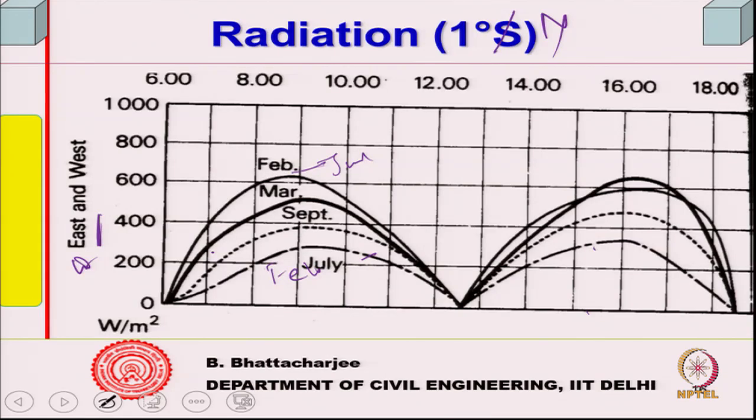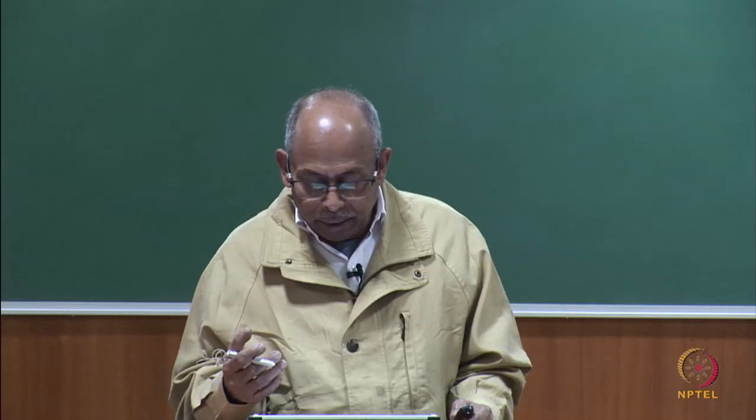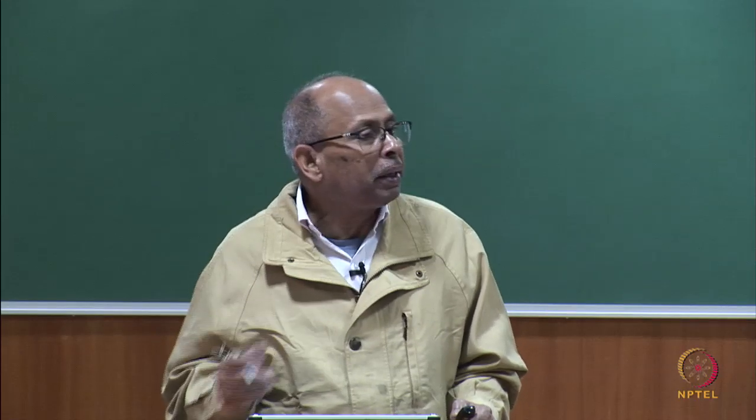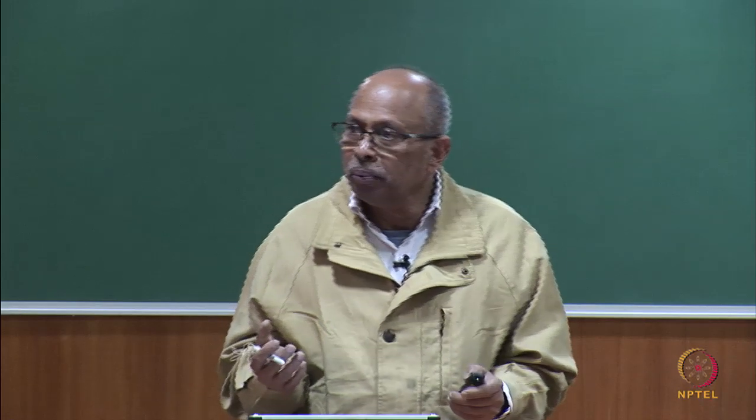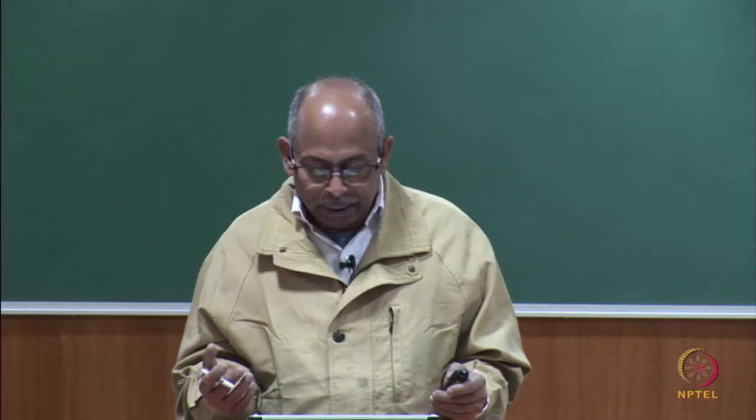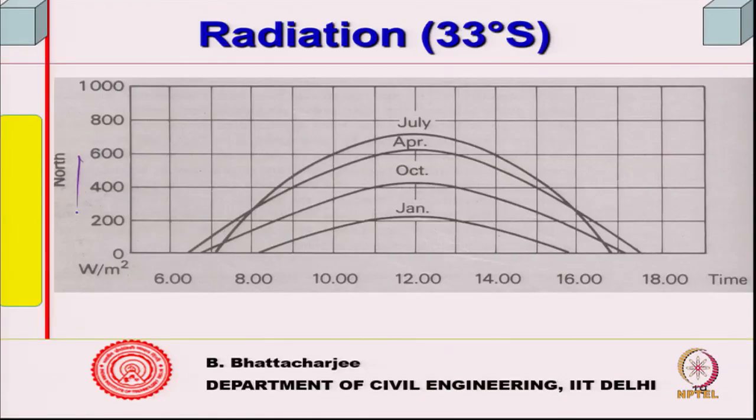And at latitudes away from the equator, you find the radiation pattern changing. In summer you receive more radiation, in winter you receive less, and on the north surface in case of 33 degrees south, you see it receives maximum radiation during their winter and minimum during summer.